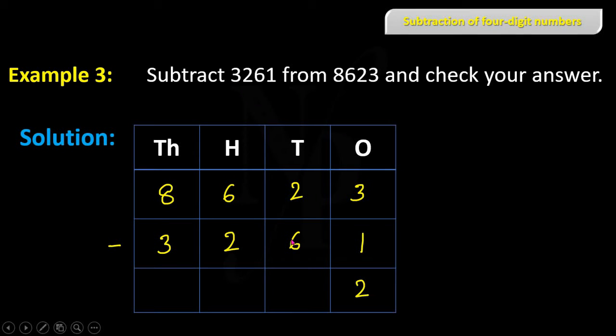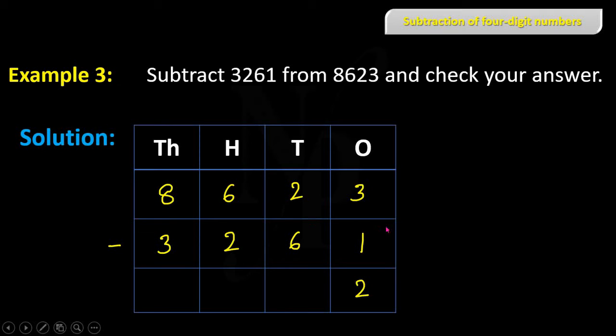In such cases, what we do is we will borrow from neighboring column, that is from hundreds column. Here in hundreds column there are 6 hundreds. So we need to borrow 100 to the tens column. Let us do that now.